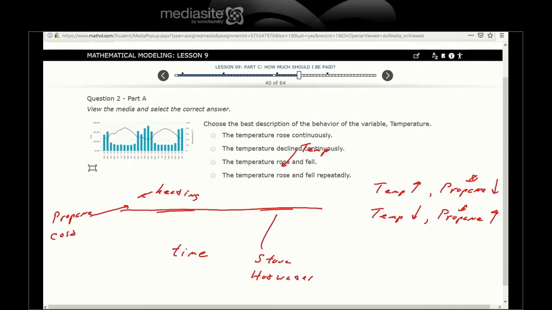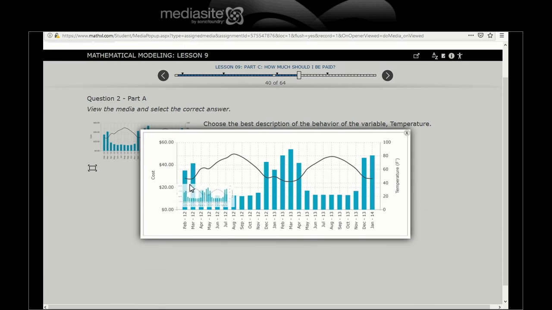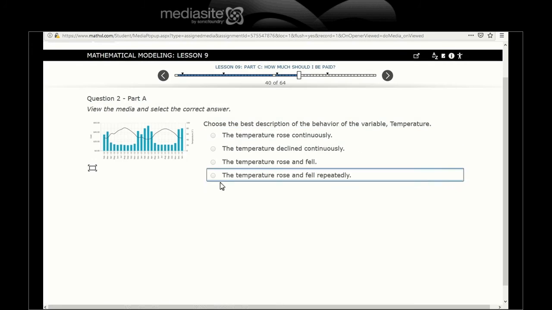So what can we now infer from those things? Choose the best description of the behavior of the variable temperature. The temperature rose continuously. Well, it's not just doing that.